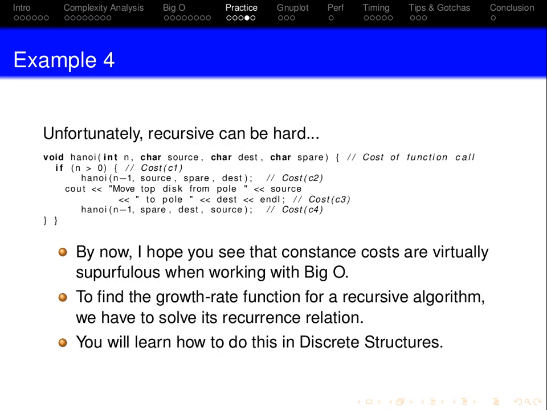Okay. Hey, look, recursion. What's the big O of this one? Well, I hope this erases.